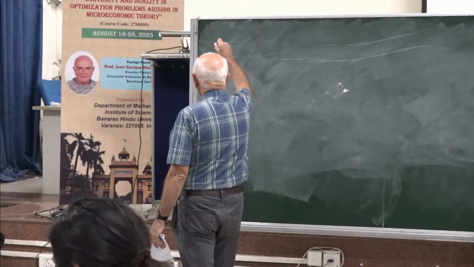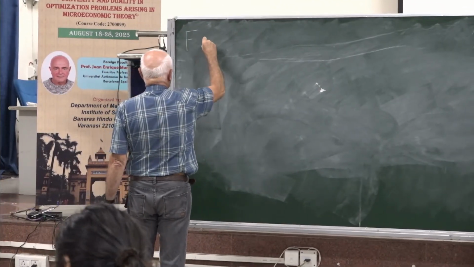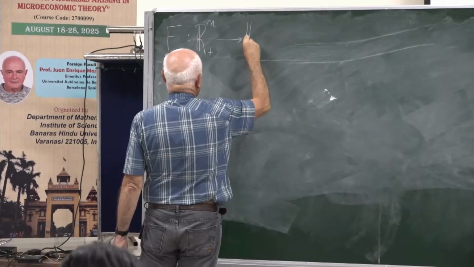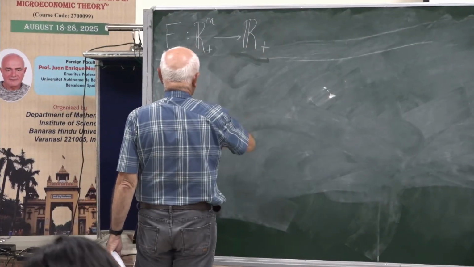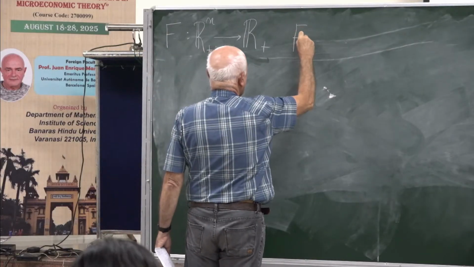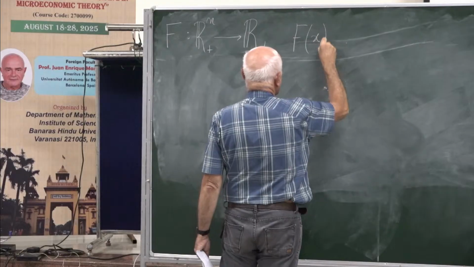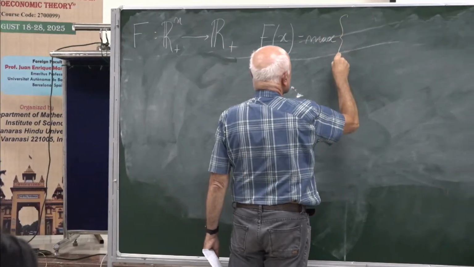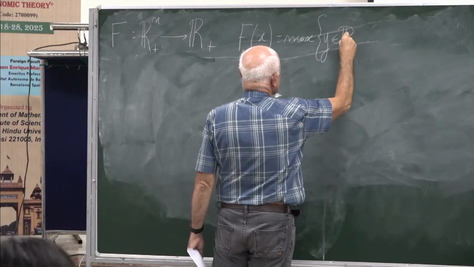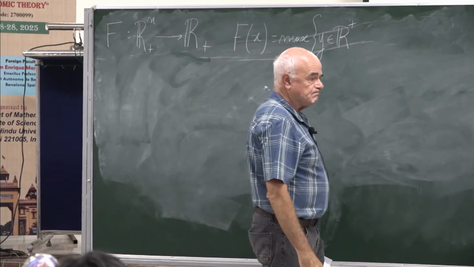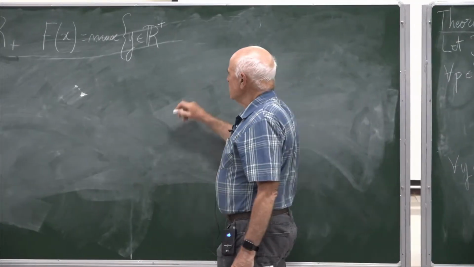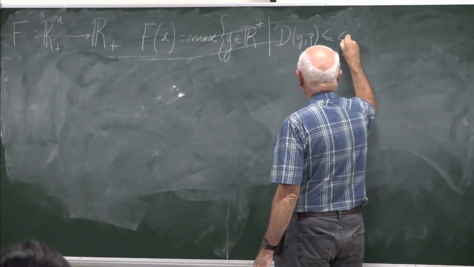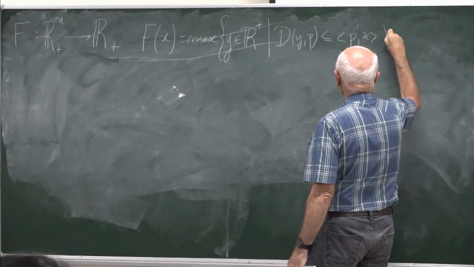So we define the function f by f of x equal to the maximum of y and plus such that d of yp is less than or equal to px for every p.